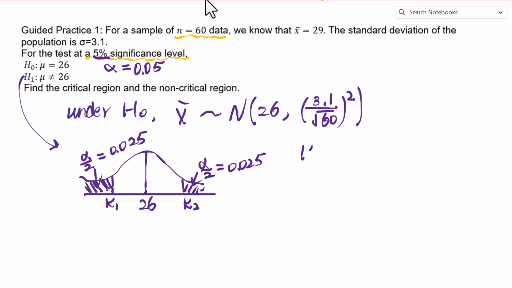Let's go to calculator to get K1. K1 equals inverse norm 0.025, 26, 3.1 over square root of 60.